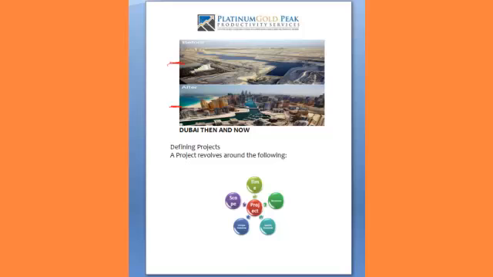Then we're saying that the project revolves around the following, which we have talked about in the earlier definition. It revolves around time, resources, and a quality standard to give a unique outcome, and then also scope. There has to be a scope to your project.